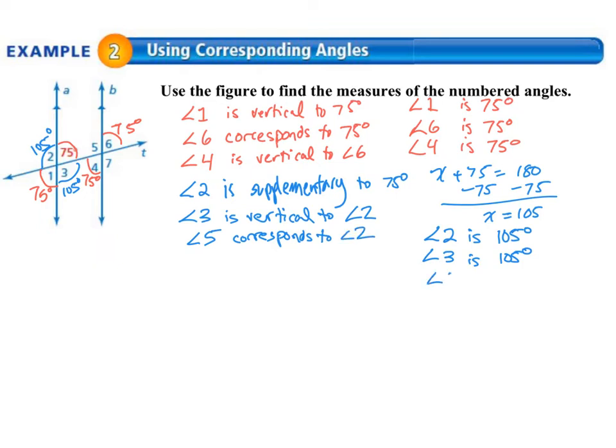So that makes angle 5 also 105 degrees. And lastly, angle 7, you could either say it corresponds to angle 3 or that it's vertical to angle 5. Let's go corresponding. So angle 7 corresponds to angle 3.